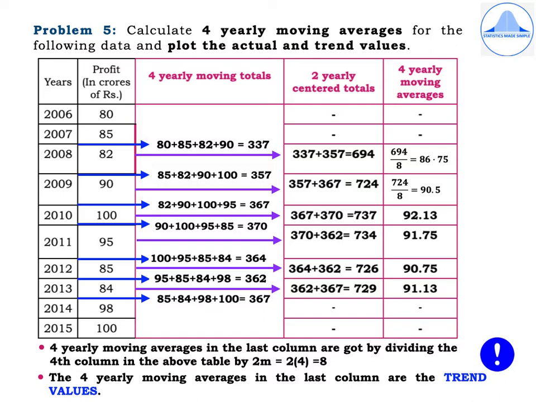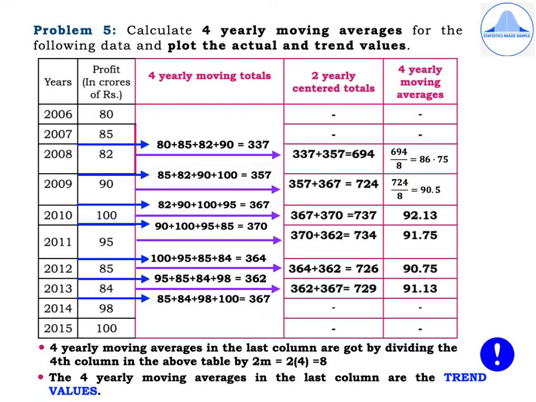So the first two centered totals are missing. Now add 337 and 357. You'll get the total as 694. And if you observe very carefully in the table, 694 should be written corresponding to the year 2008, which I have highlighted with the purple arrow.